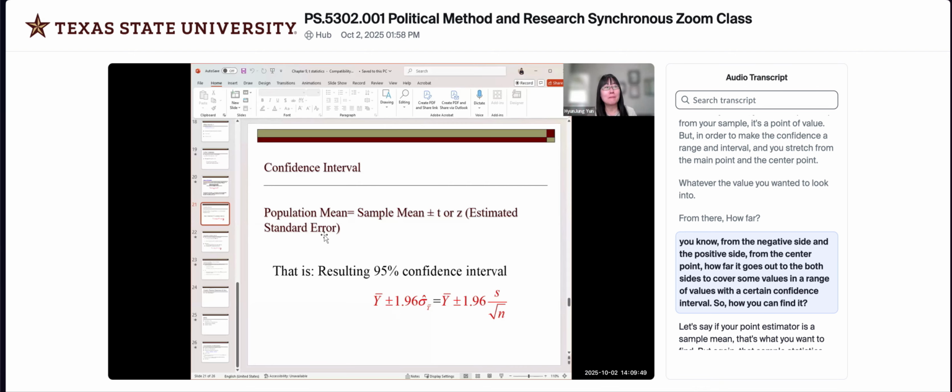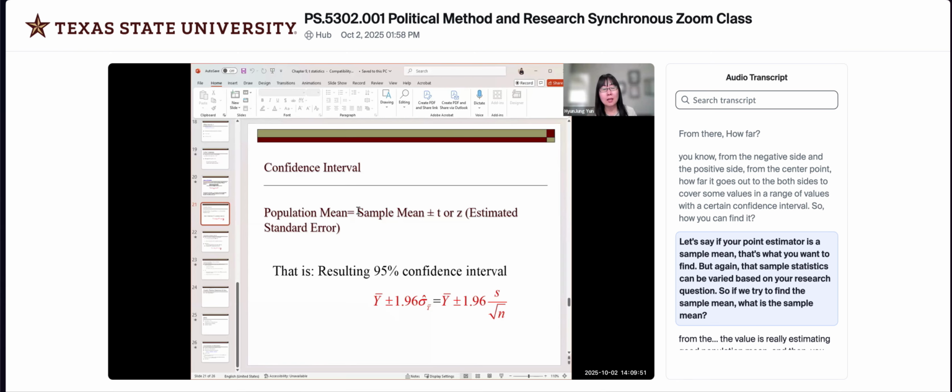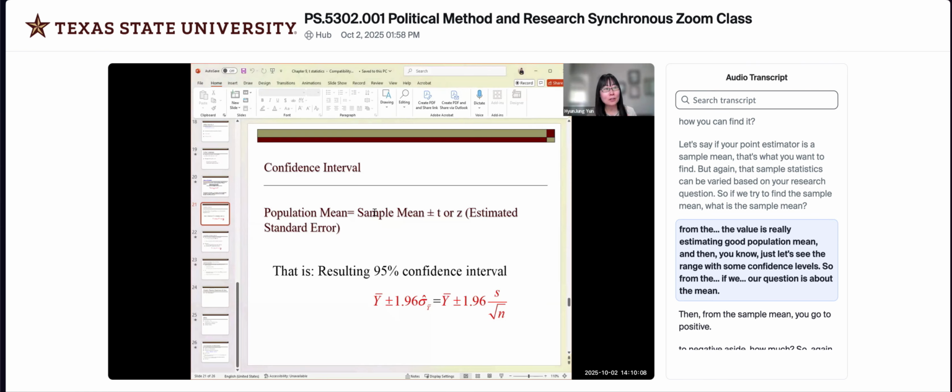So how can you find it? Let's say your point estimator is a sample mean. Again, that sample statistic can vary based on your research question. If we try to find the sample mean, we ask whether that value is really estimating the population mean well, and then see the range with some confidence level.